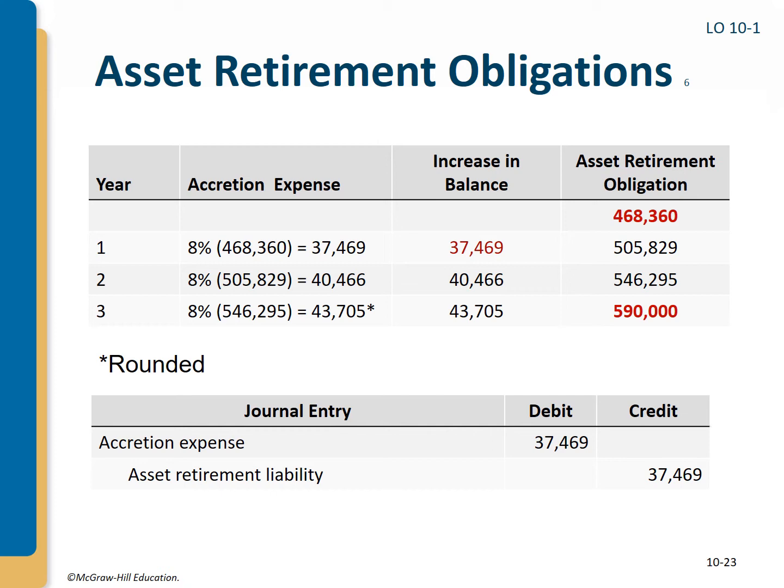At the end of year 2, you'll take the balance as of the beginning of year 2, 505,829, times 8%, and that's how much you'll put in your journal entry. So in the 3rd year, after you record your accretion expense of $43,705, your asset retirement obligation account will be at $590,000.